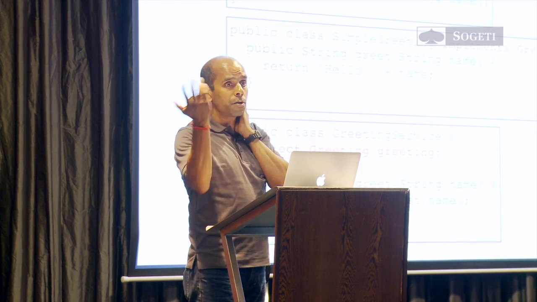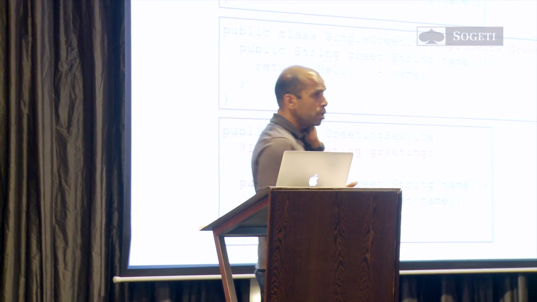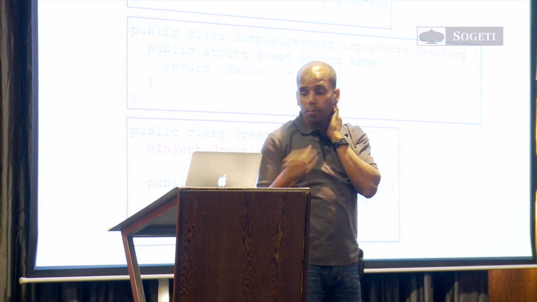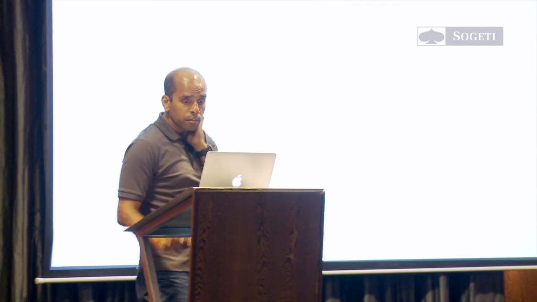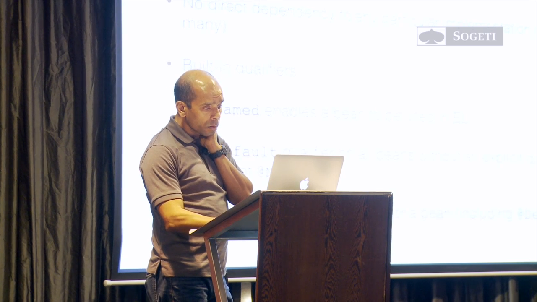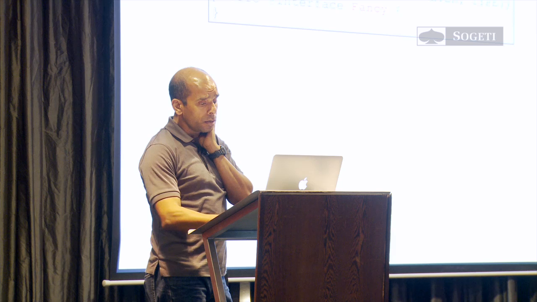And I can say greeting.greet. Now, this Greeting could have multiple implementations as well, in which case one of them needs to be qualified, simple, fancy, whatever it is. So I could define a new qualifier, say Fancy.